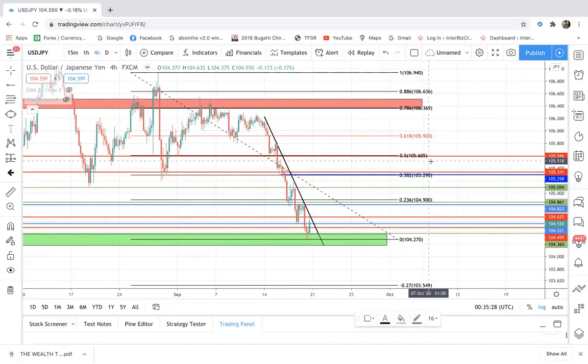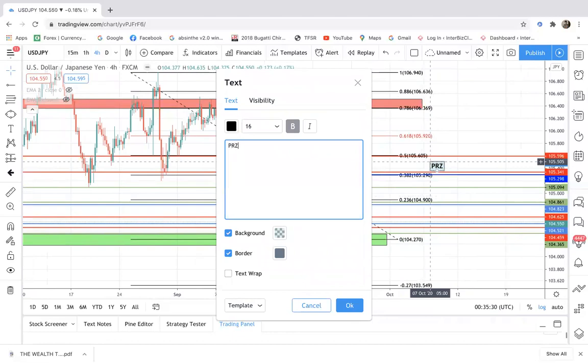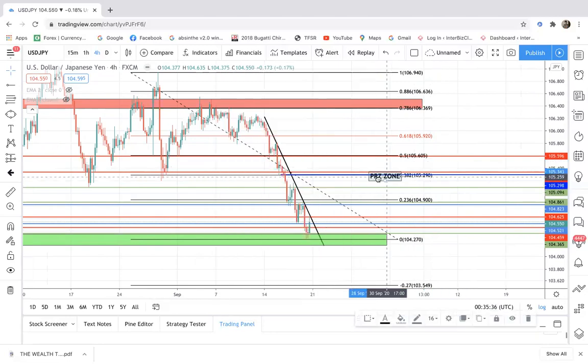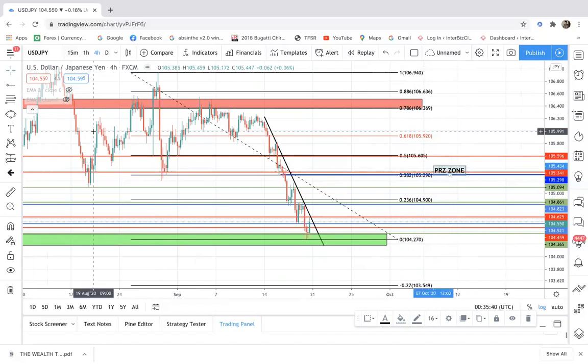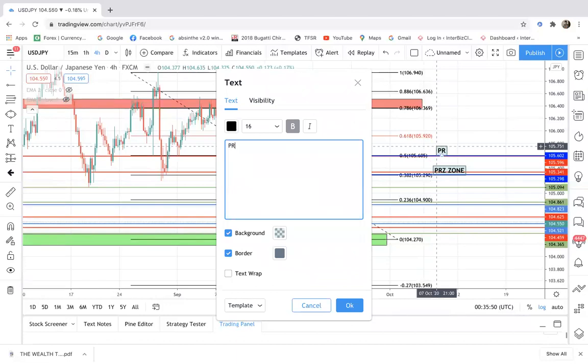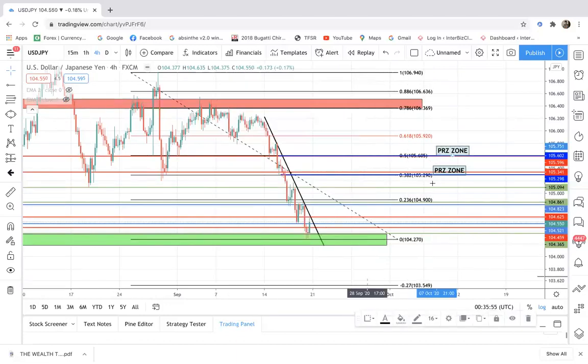So we can still have PRZ zones, whoops, not cones. So we have some PRZ zones at the 38.2, the 50, right? And that stands for price reversal zones, okay?